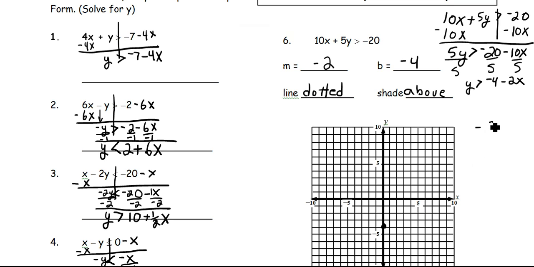I'm going to go down 2, right 1. Down 2, right 1 from there. And then I can follow my pattern all the way up. It'll help me draw a straighter line.